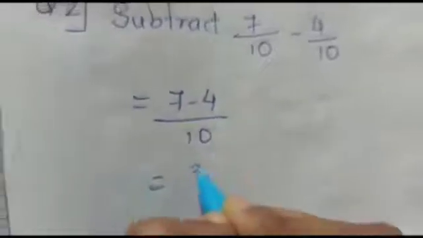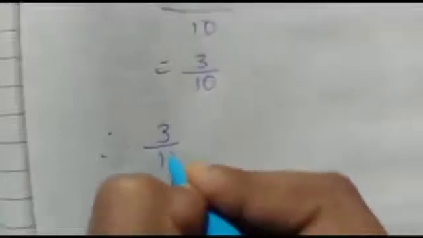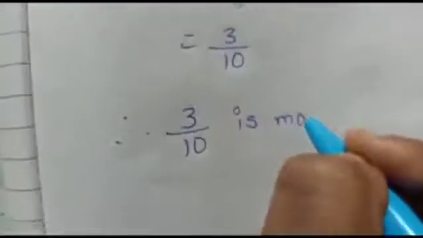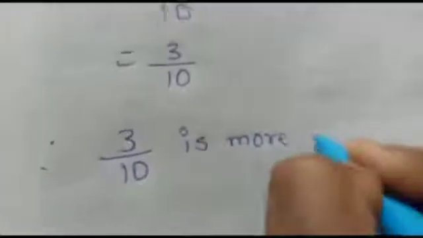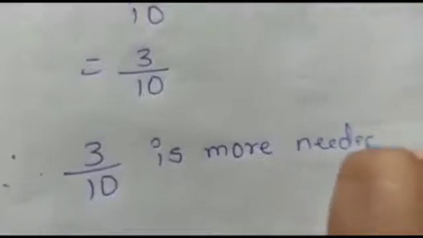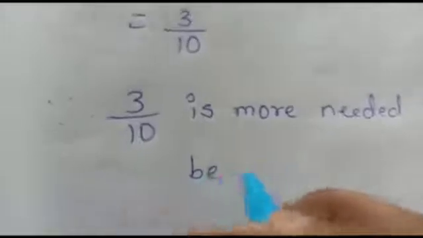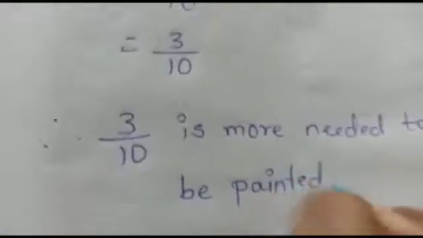So that is 3 upon 10. So still 3 upon 10 part is remaining. So therefore 3 upon 10 is more needed to be painted. Okay, so this is your last statement.